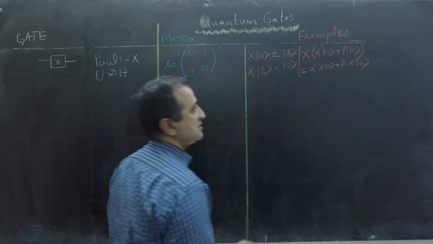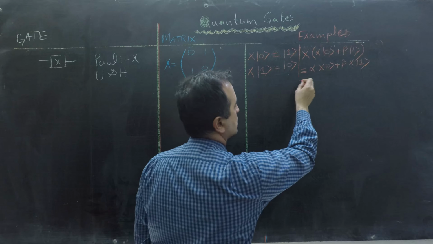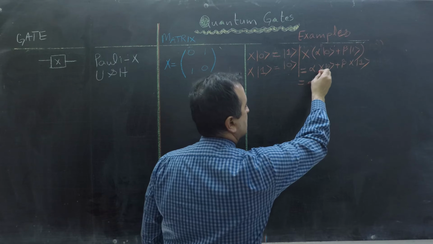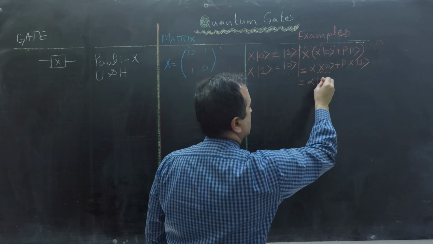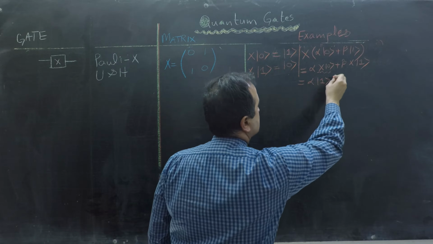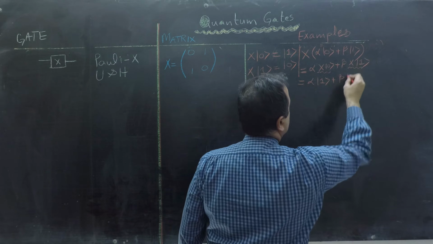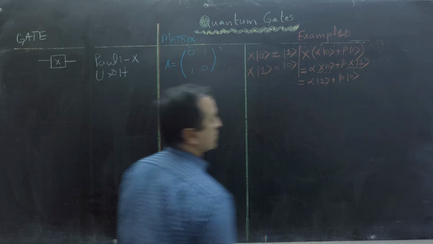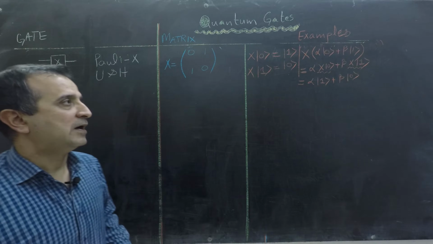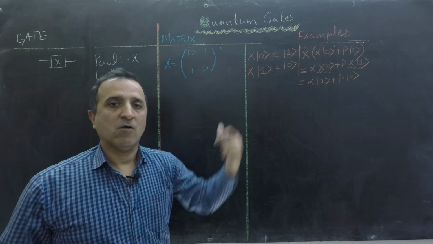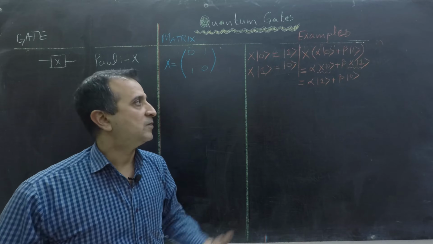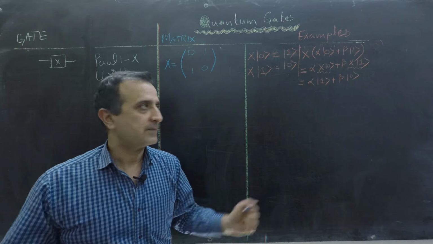And now we can simplify it easily to alpha, and this will become ket 1, plus beta, and this will become ket 0. So now we know how to apply our X gate on pure states and how to apply it on any superposition.